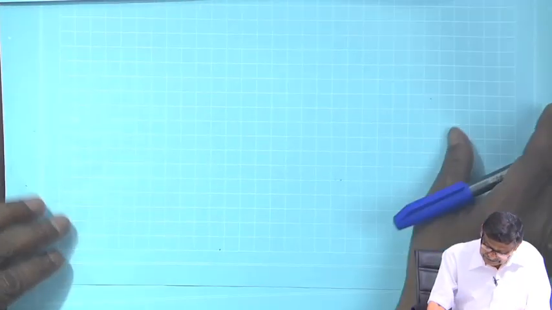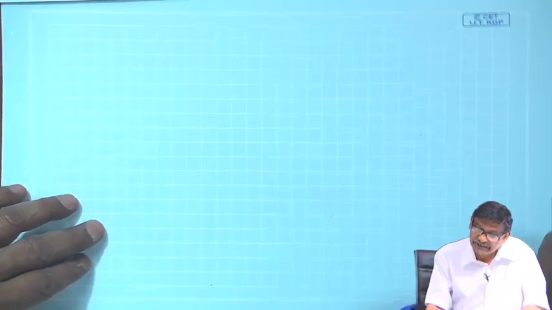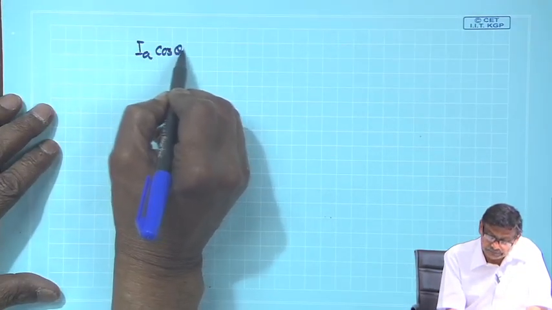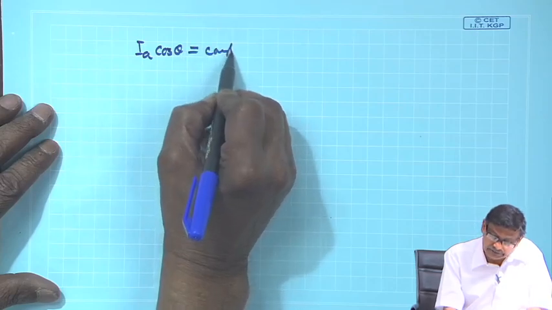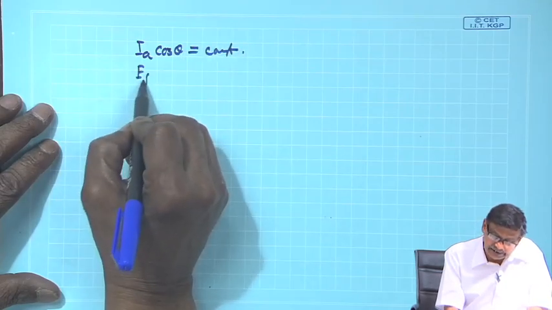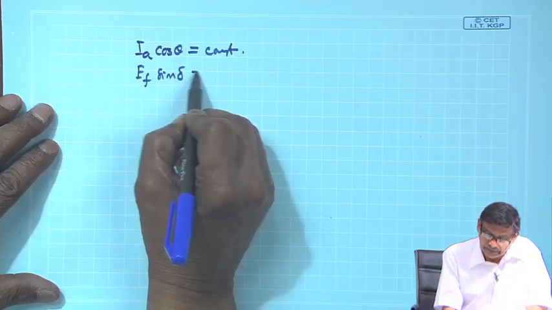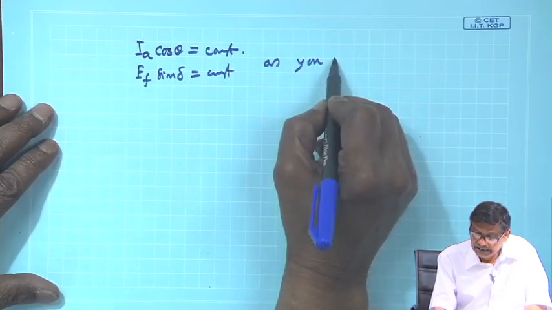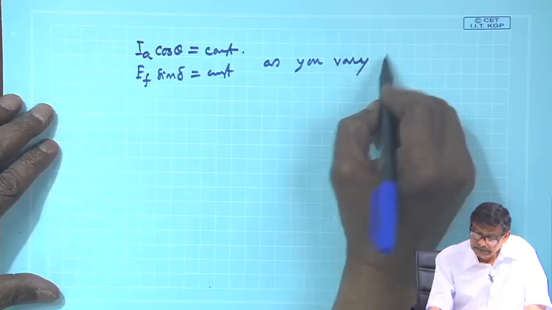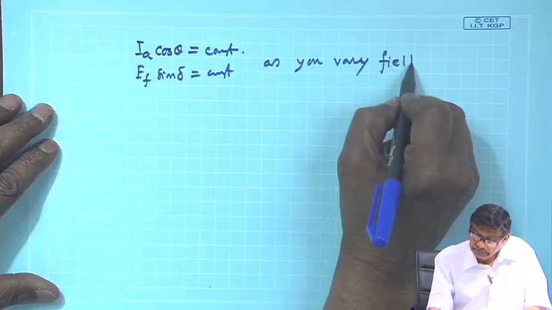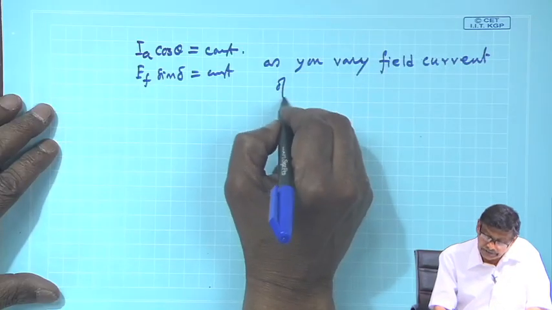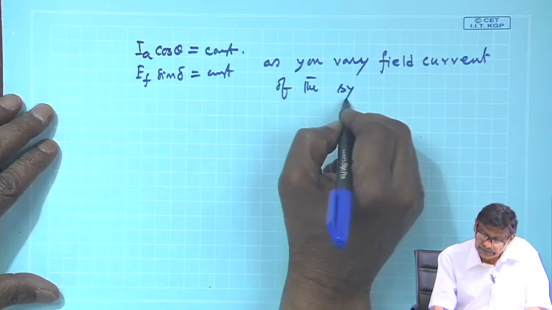So now I will draw this once again neatly, so that you do not miss any point. The point is I_a cos theta has to remain constant, and E_f sin delta has to remain constant as you vary the field current of the synchronous machine.